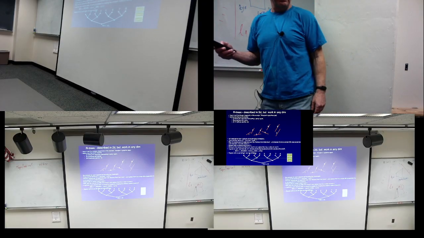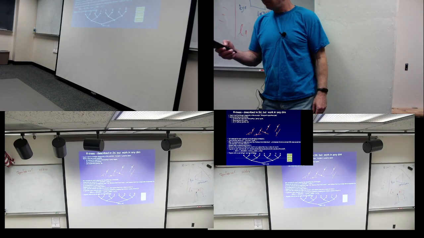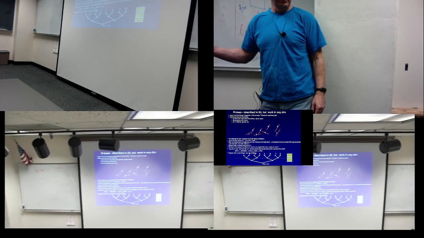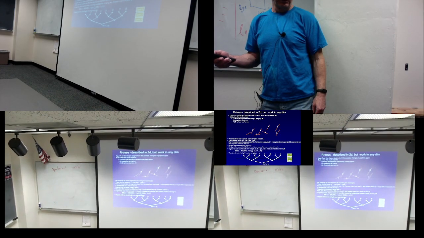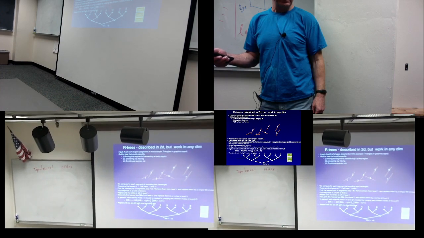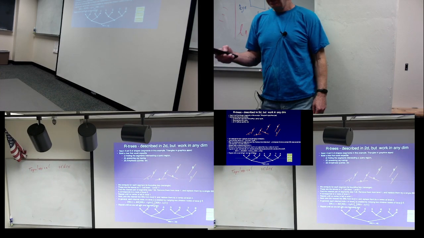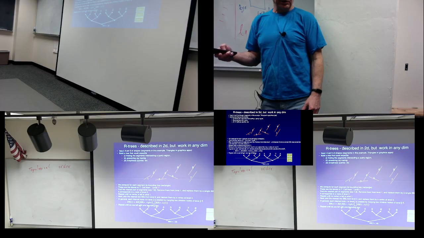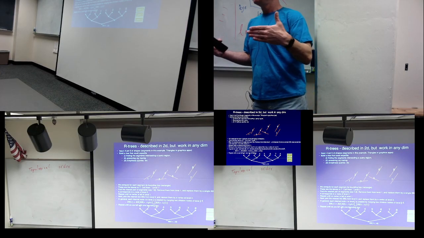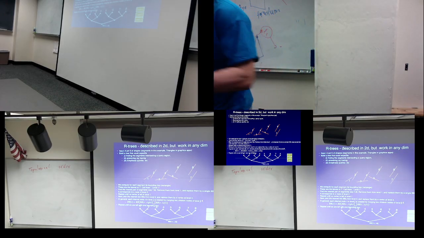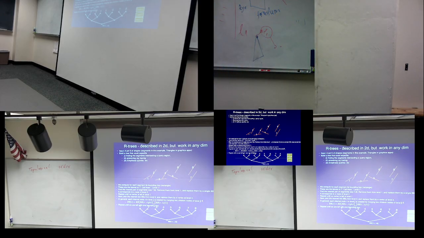So probably in practice, that's the most common tree. Most useful for databases, geometric databases of any type. Again, it's one data structure that is not optimal for one particular application, but is very efficient for many applications.